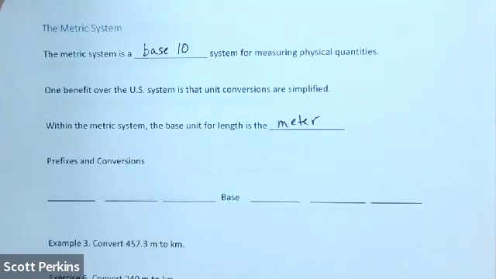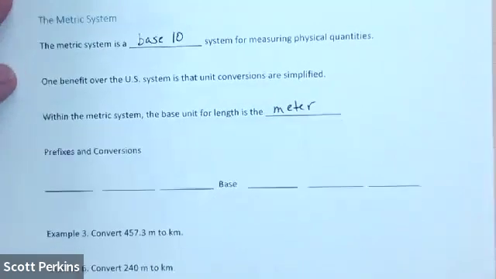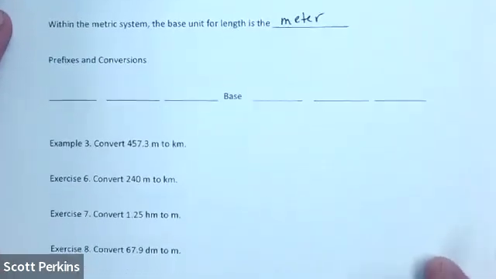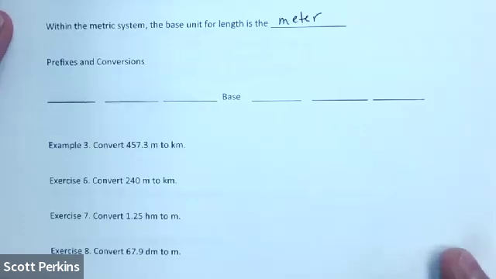A meter is about 3 inches more than a yard, or about 39 inches, just a little bit longer than a yard, to give you a picture. Now I'm going to show you how to convert in the metric system between the most common bases.